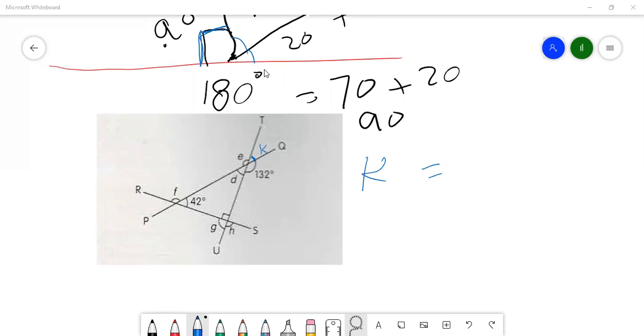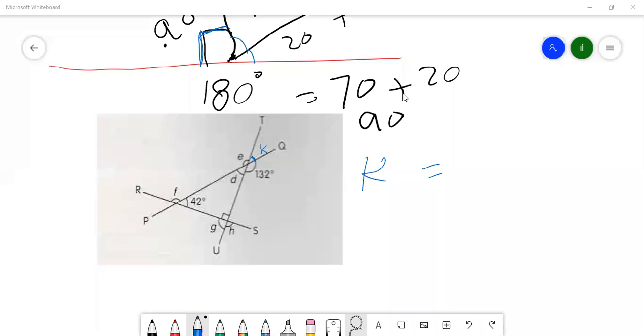Okay, let's choose Ahmed. What's the answer for the blue one, K?